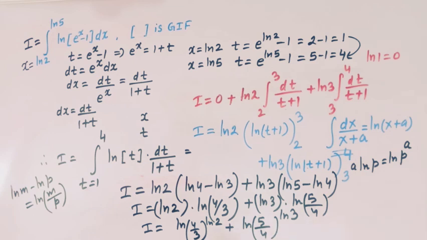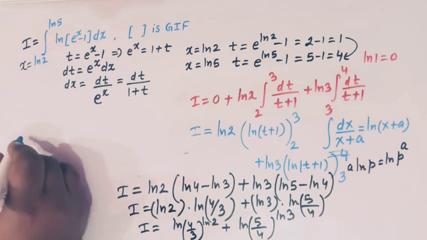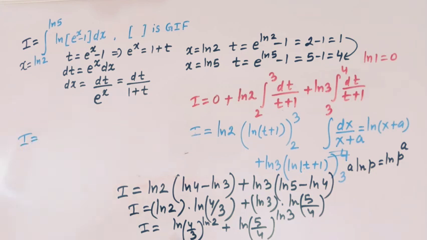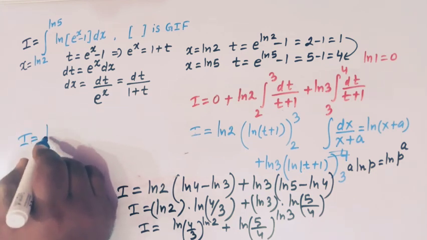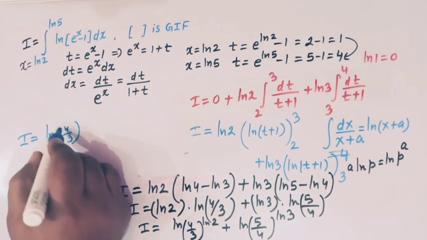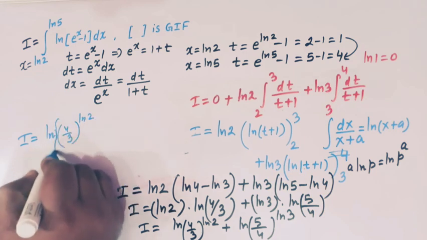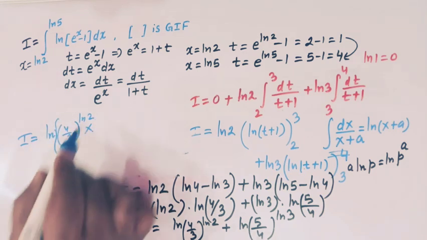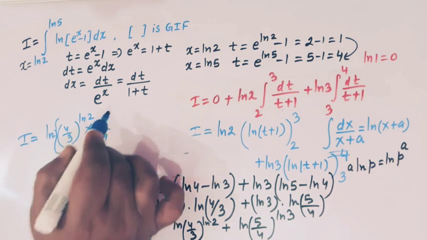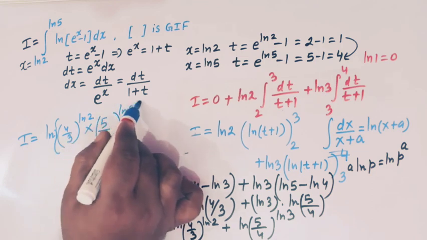Okay, so now either we can leave this expression as such, or we can further write it as I is equal to log of 4 over 3 raised to log of 2 times 5 over 4 raised to log of 3, right?